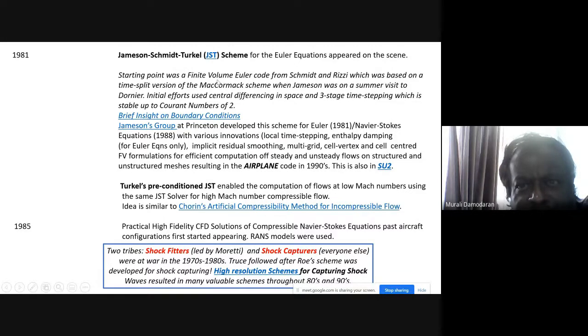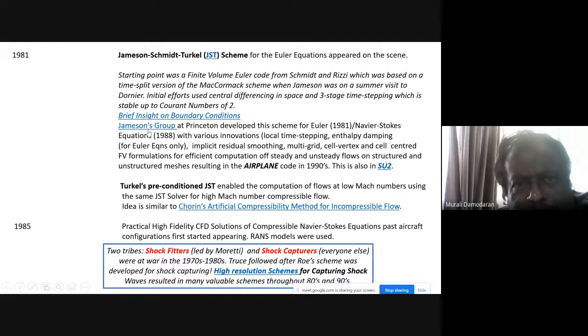So what Jameson did is he developed, with a few others, Turkel and Schmidt in Germany, a three-stage time-stepping scheme, which he showed can be stable up to Courant numbers of 2, because up to that time, Courant number stability was limited by 1.